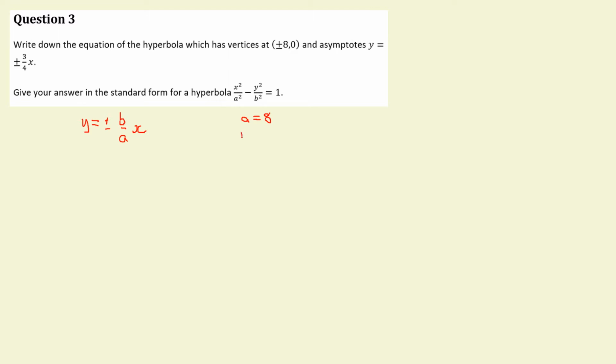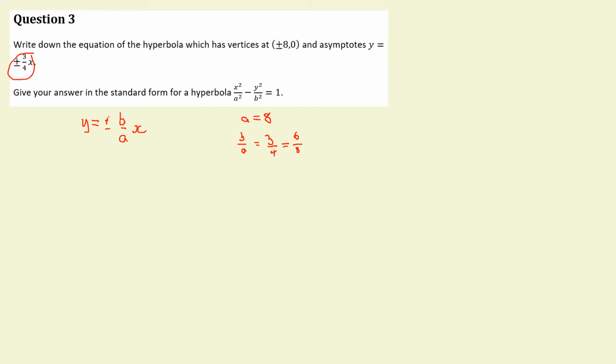Okay, yes, it is still true that b over a is 3/4, but because a is 8, b is 6. So it's important not to just get caught out by that bit there, the 3/4, and think straight away that's b and a told to me. No, it's actually telling you the proportion of b to a, simplified down as far as it can be.